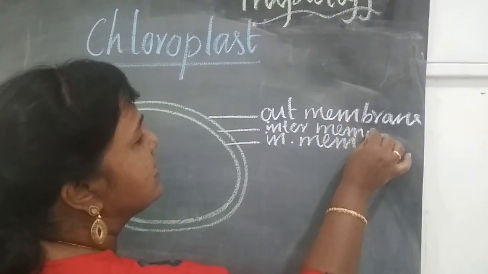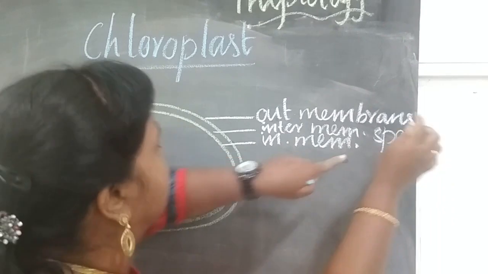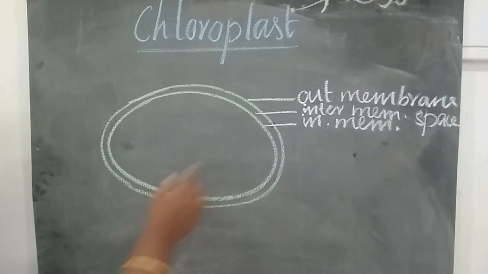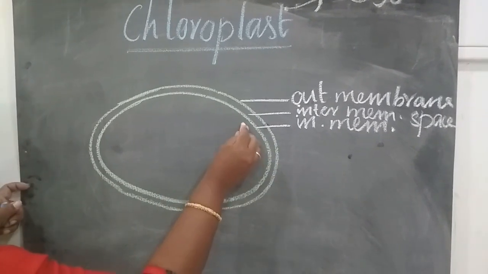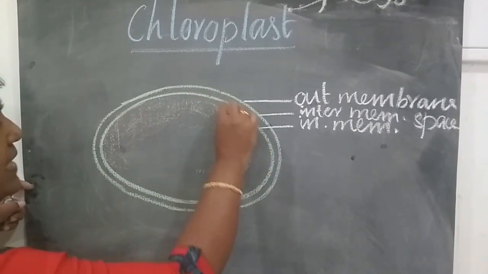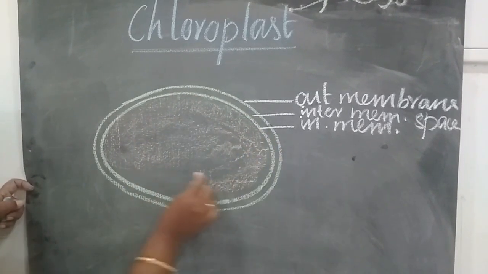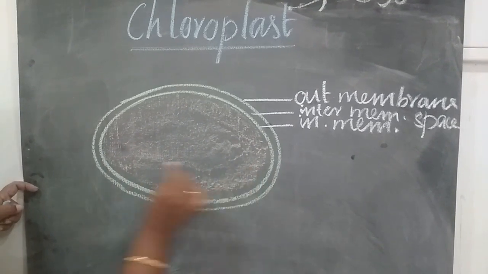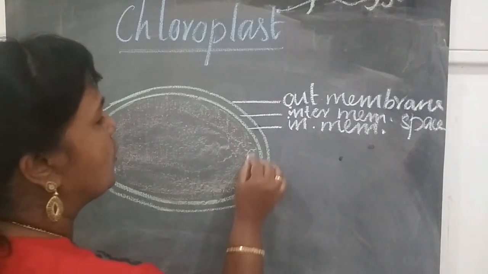Inner to the inner membrane there is the matrix, a jelly-like substance which is called stroma.